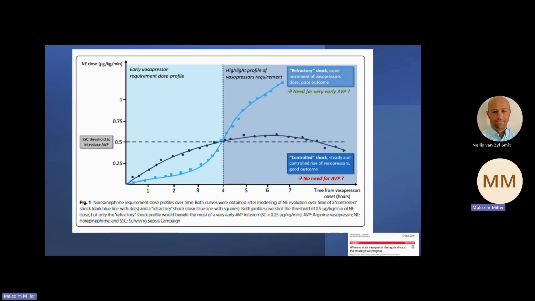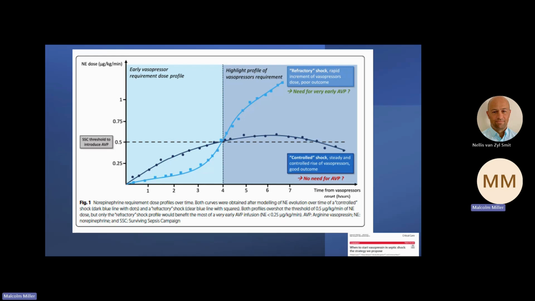And then there was a very nice graphic to illustrate how we should think about when to use vasopressin. And certainly, as I've mentioned, with vasopressors, we want to use them early in the course of septic shock, but particularly after a threshold of about 4 hours, if we're not seeing resolution or our noradrenaline dose is starting to plateau, we're going to be obviously using adrenaline.